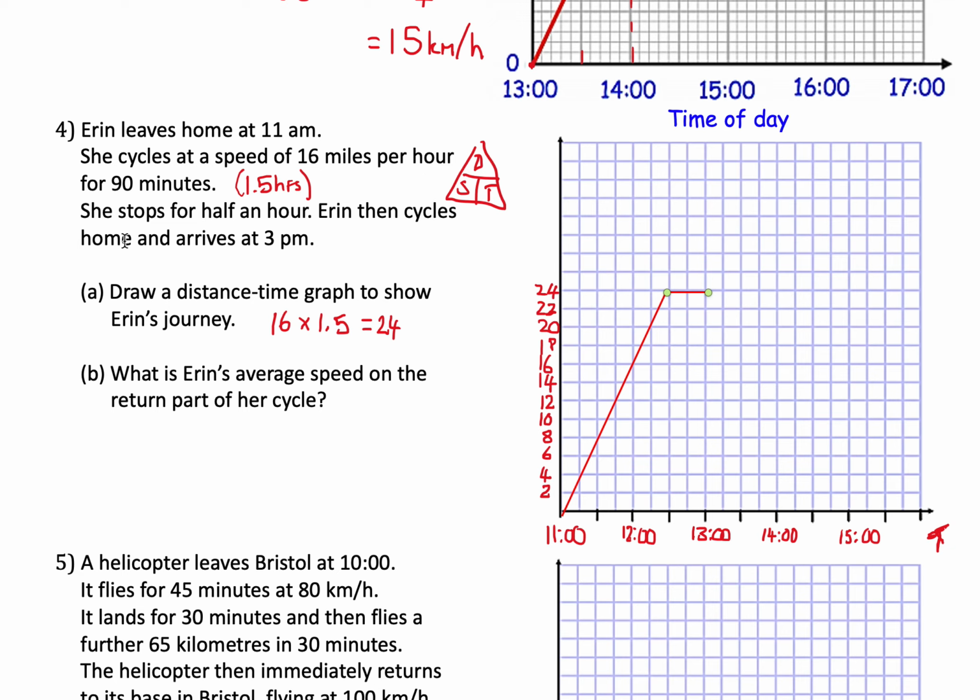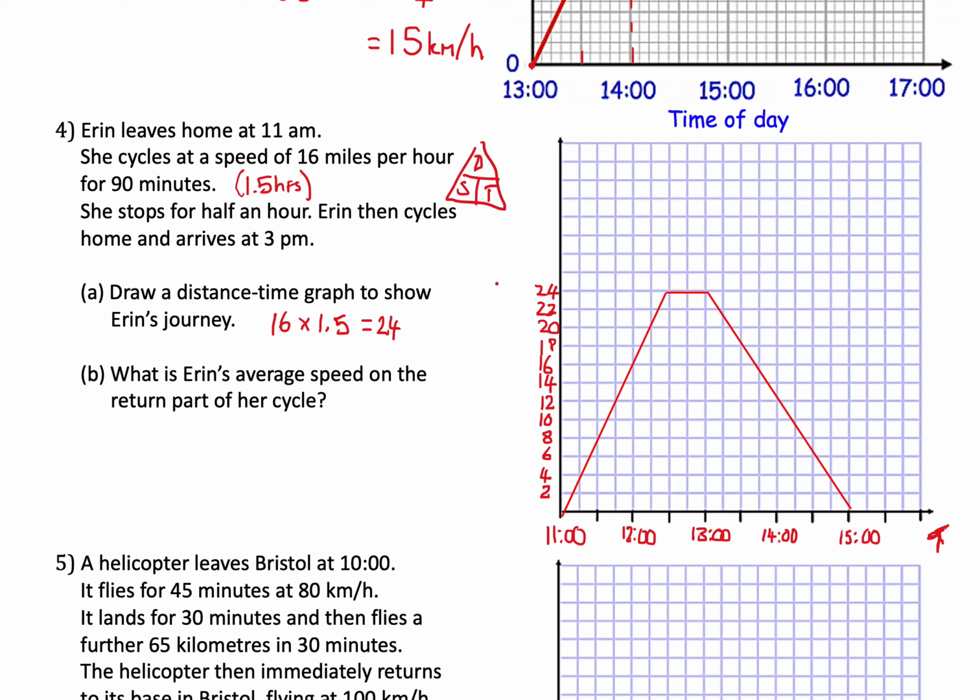And then cycles home and arrives back at 3 p.m. So a very simple distance time graph, this one. Okay, you get the idea from there.